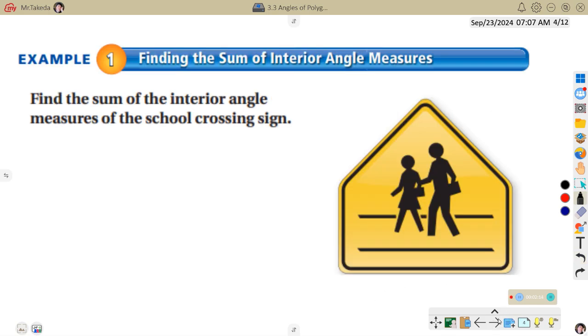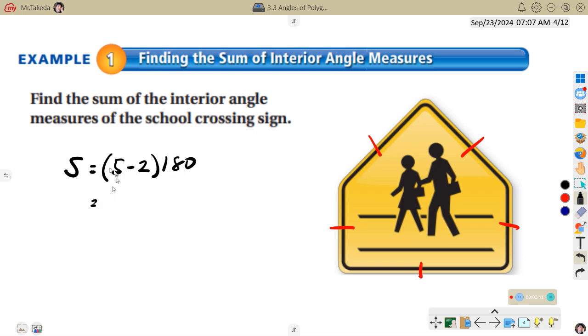So let's take a look at this example here. Find the sum of the interior angle measures of the school crossing sign. So this is a pentagon, 1, 2, 3, 4, 5. And so we do that again. The sum of the measures of these angles is 5 sides minus 2 times 180.